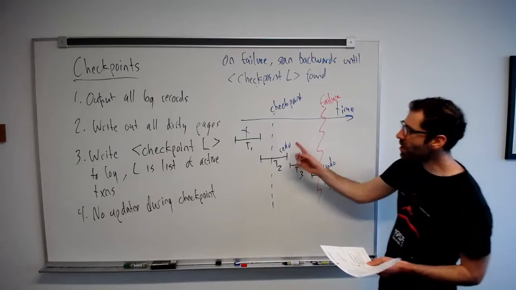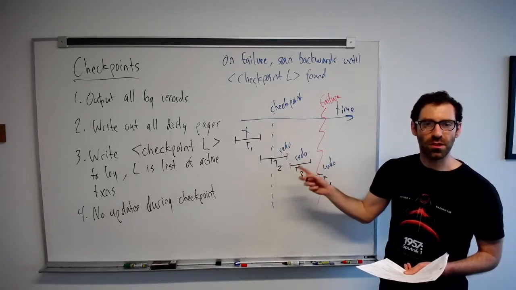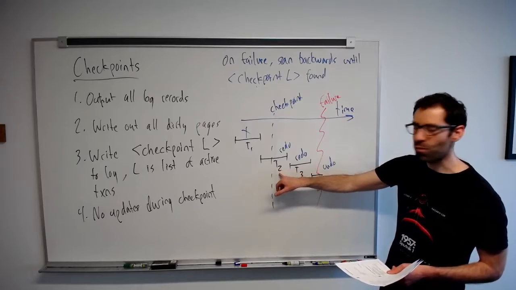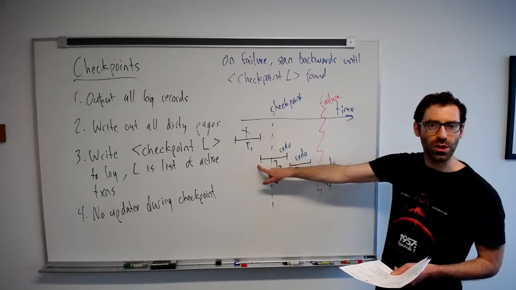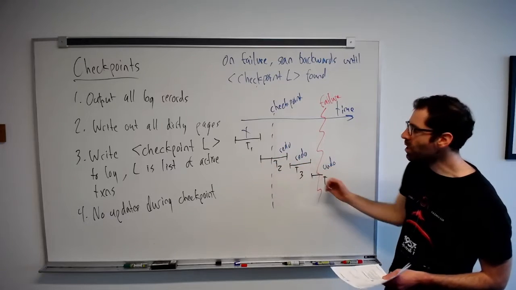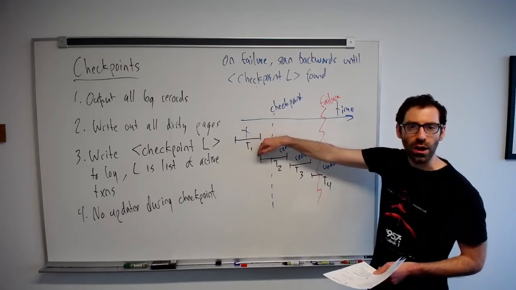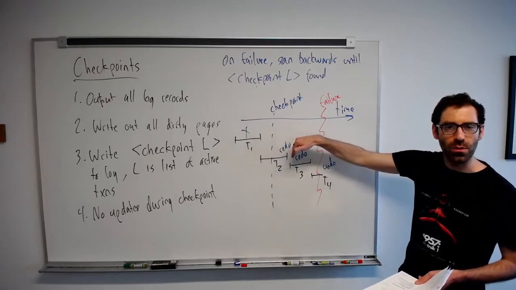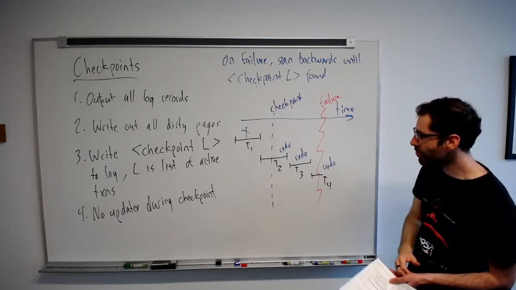And one key point that I want to make with this picture is notice that transaction T2, which we need to redo, started before the checkpoint. So in order to redo it, we would need to go back in the log to its start and replay all of those updates.